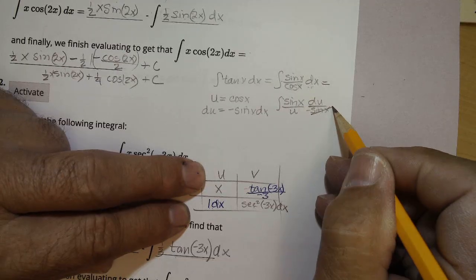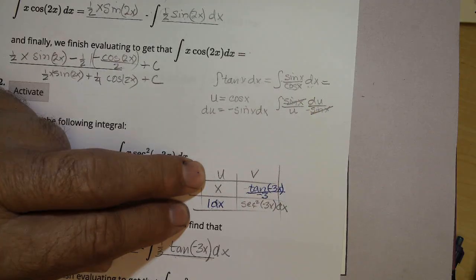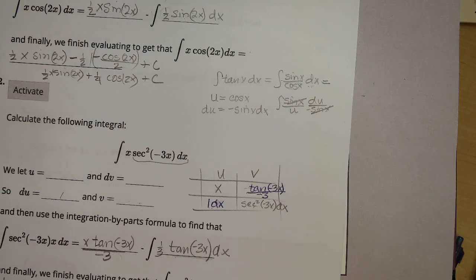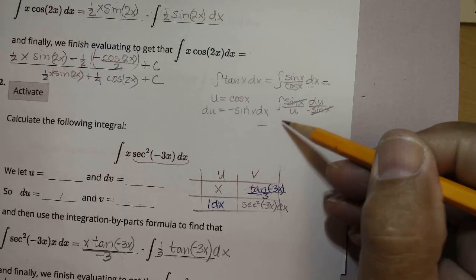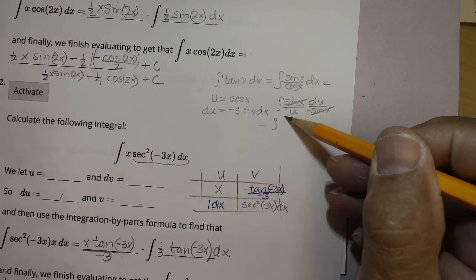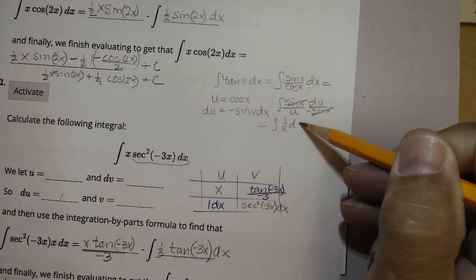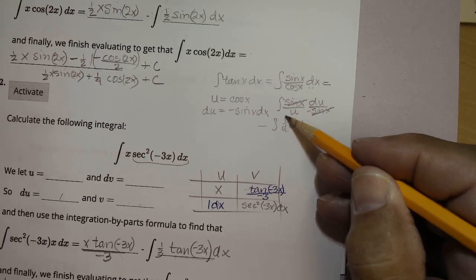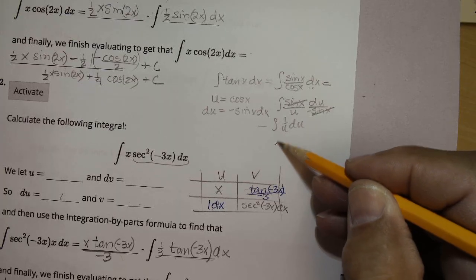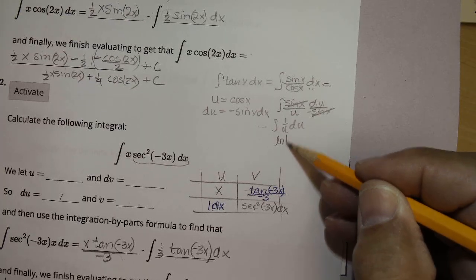And since the sine x that varies cancels, basically I just have minus the antiderivative of 1 over u du, which is 1 over u, antiderivative is ln u.